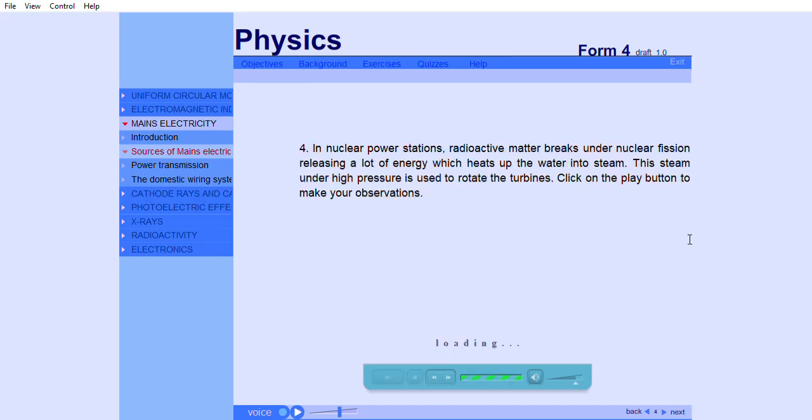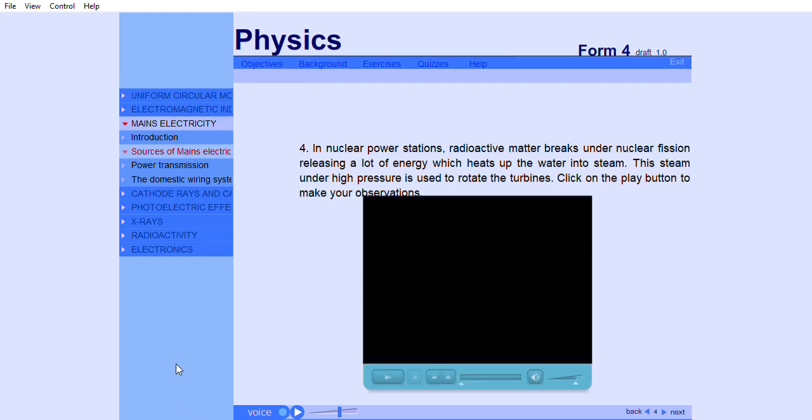In nuclear power stations, radioactive matter breaks under nuclear fission, releasing a lot of energy which heats up water into steam. This steam under high pressure is used to rotate the turbines. Click on the play button to make your observations.